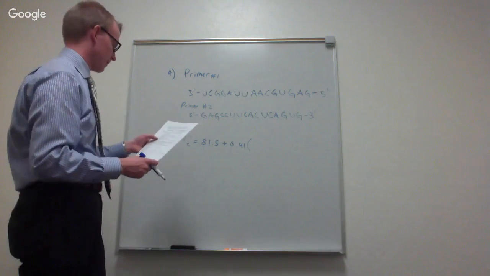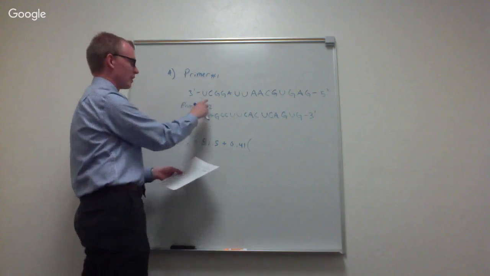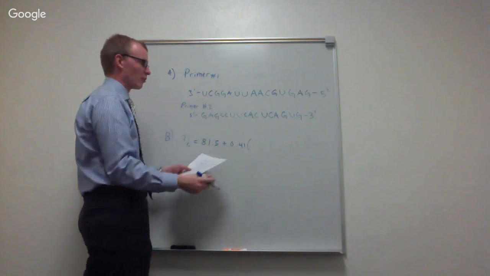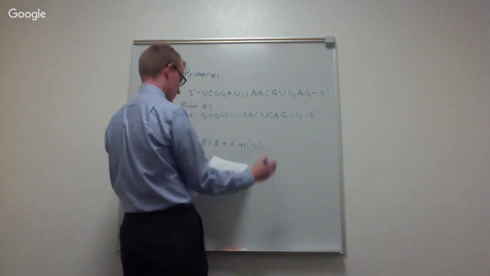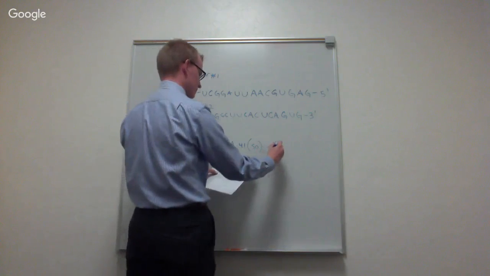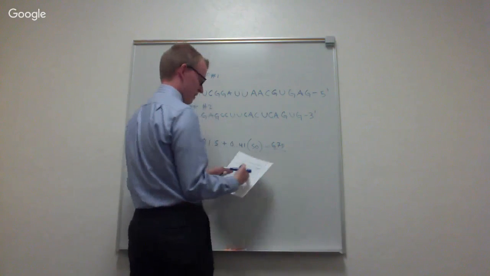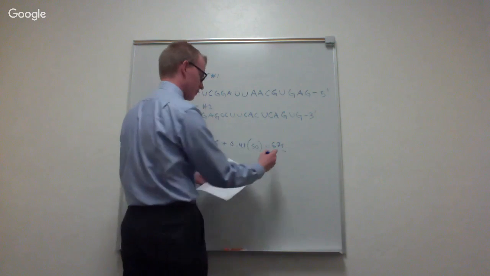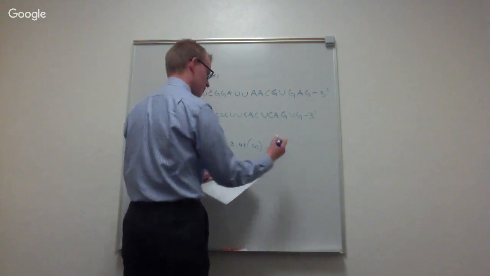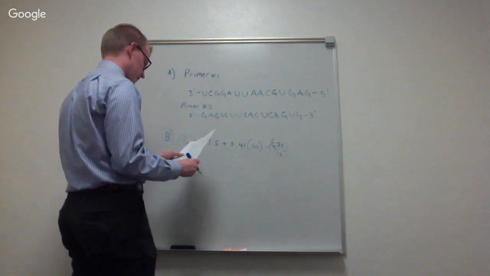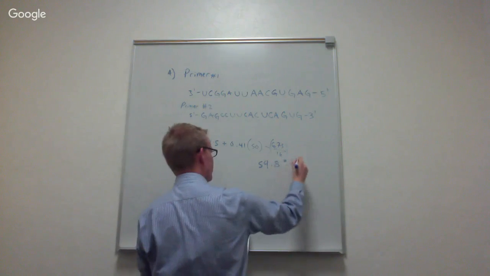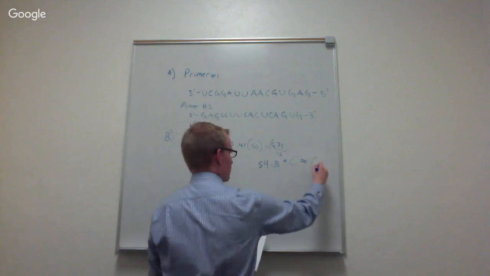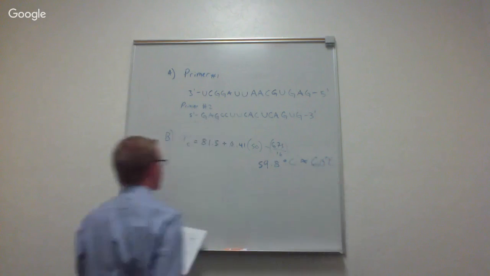In the case of this first primer, there are 16 total bases, 8 of those are G or C, so we're going to call this 50%, minus 675 over N, which is just the total number of nucleotides, and that was 16. Using my parentheses, what I got was equal to 59.8 degrees Celsius. Among friends, we'll call that 60 C.